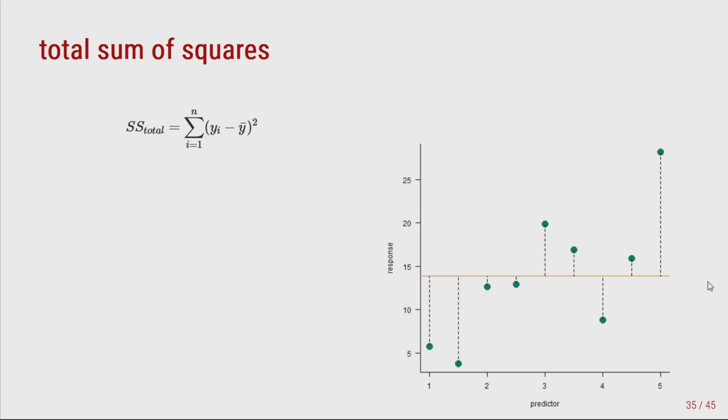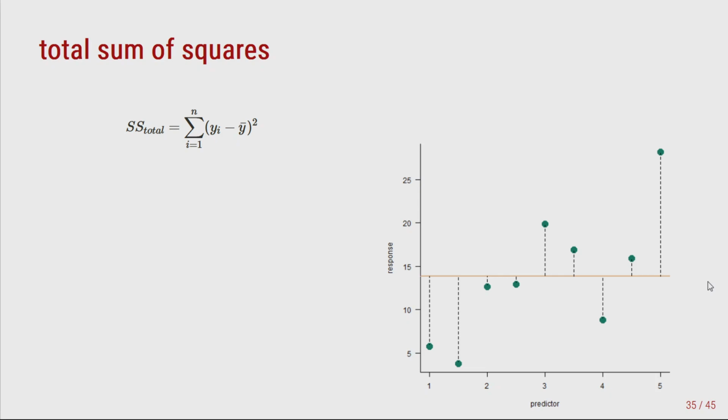Remember that our model is given by this relationship: y equals alpha plus beta x plus our error. We have the total variance here. In our case, this is 450, the total sum of squares. We can calculate the total. We can calculate the error.